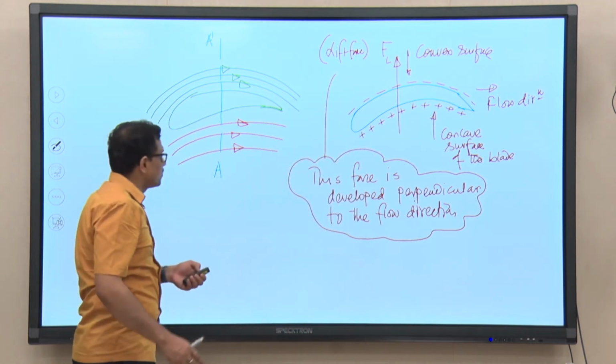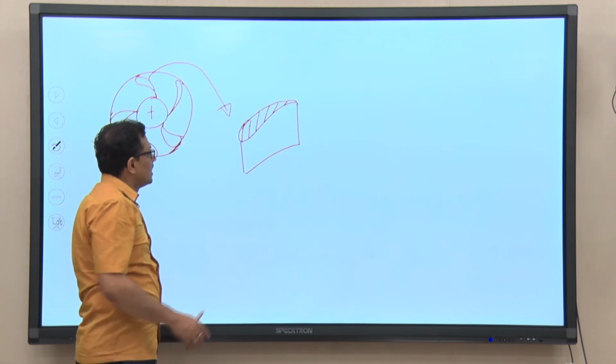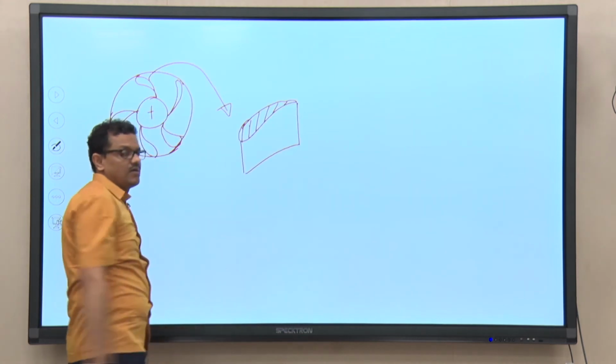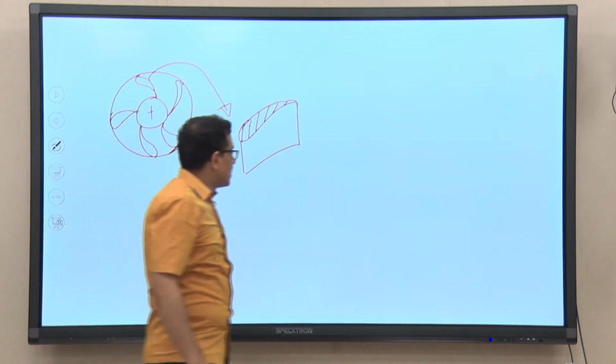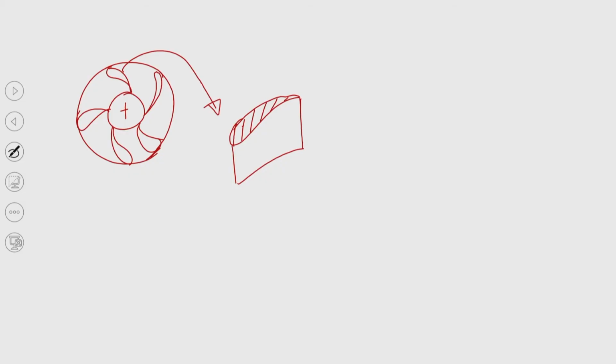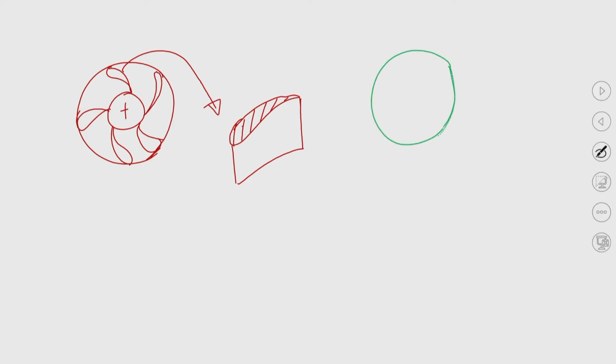So, a similar force will be there when flow is passing through the impeller. Now, just for simple analysis, if I consider one blade, one impeller, and okay.